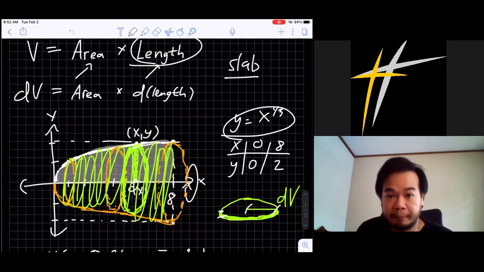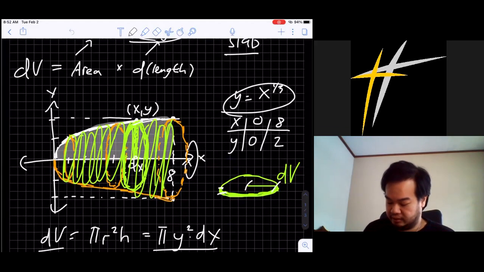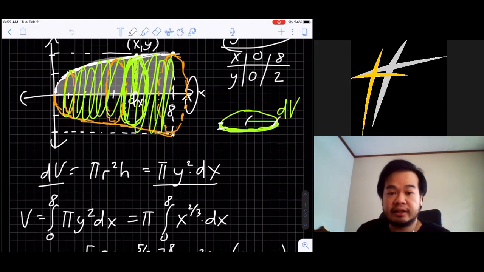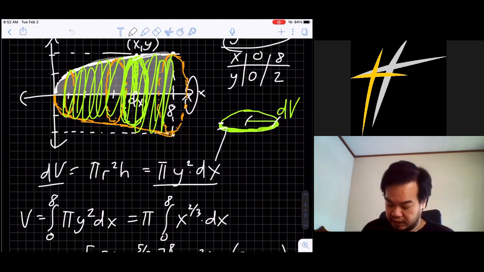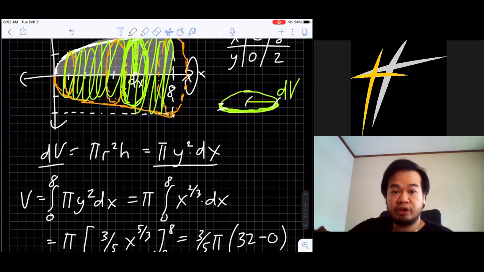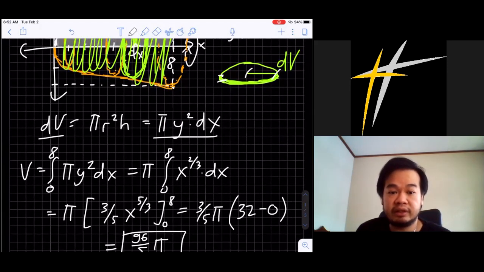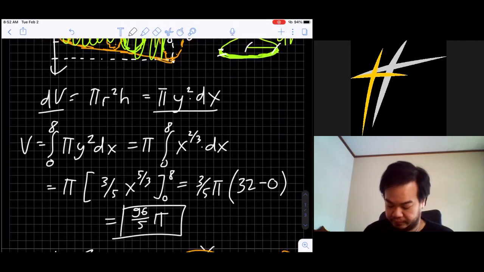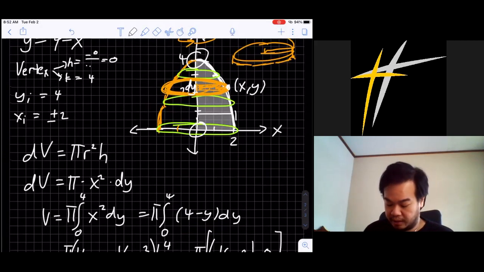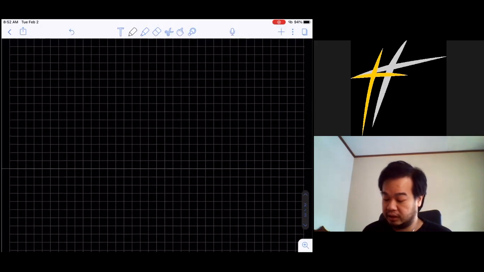It becomes a slab, like a coin, a really thin cylinder, and then you need to determine the dV. After you determine the dV, you perform the definite integral and evaluate it from the starting point to the end point. Now I'm going to continue to the harder problem.